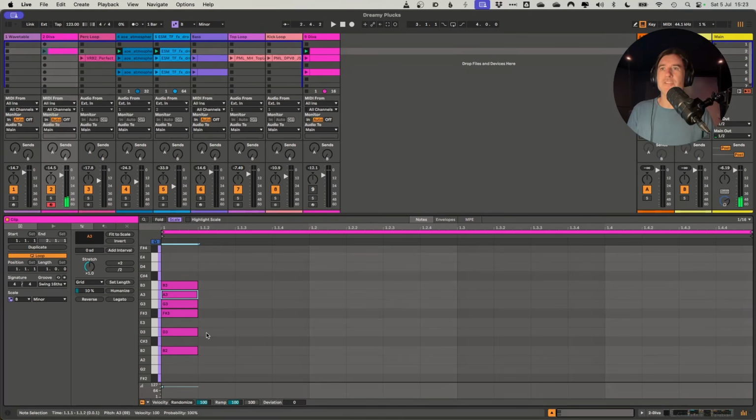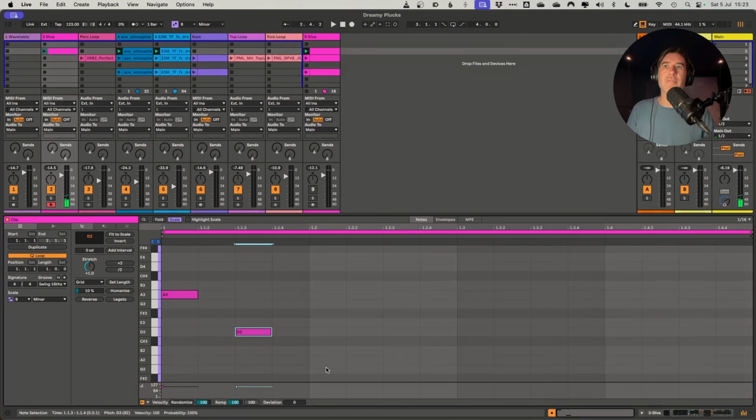These are tension notes. They basically will create an interesting tension in the scale. So if I think about the note here, this is our root note. And then we're going to have a 3rd.